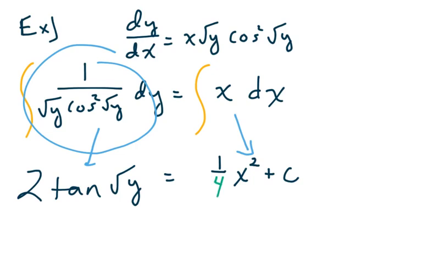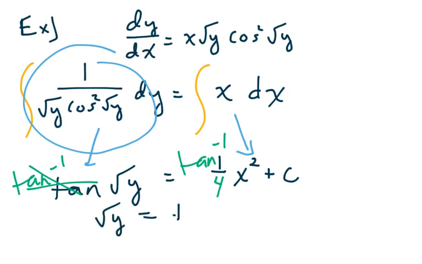Next we need to get rid of the tangent, so we'll do an inverse tangent of both sides. When you do the inverse tangent, nothing really changes, except that we cancel the tangent, but nothing really changes on this side of the equation. So we now have the inverse tangent of 1/4 x squared plus c. Notice that the plus c is on the inside there.